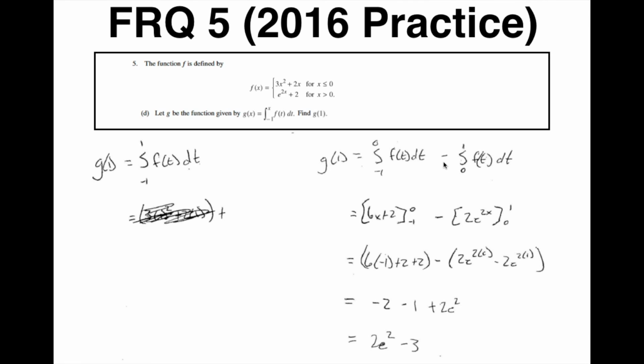I'm not sure why that student thought it should be a minus sign, but they still earned the point, surprisingly, for just recognizing that we have to break the integral into 2 parts. After that, the student does another mistake. Instead of integrating, they take the derivative here and here too, so there was no other point earned.